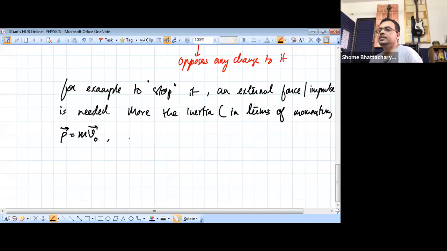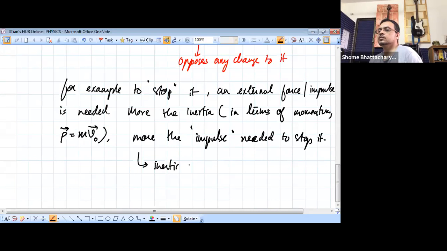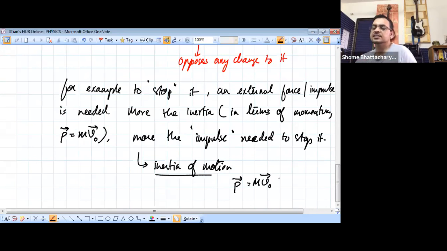So the more the momentum, the more the inertia, so more the impulse needed to stop it. So this is an example of inertia of motion. And inertia of motion can be measured by the linear momentum.